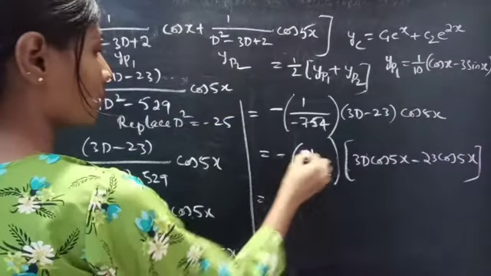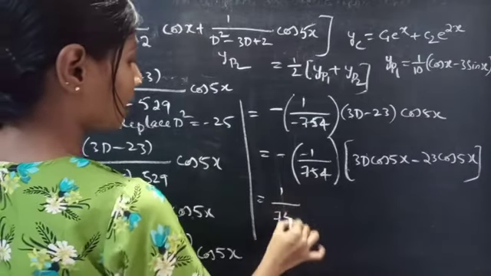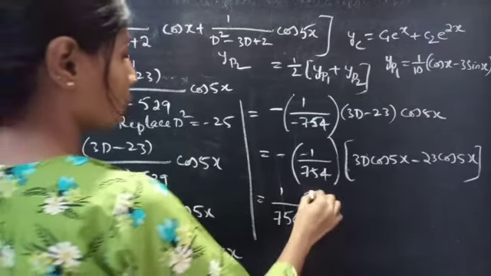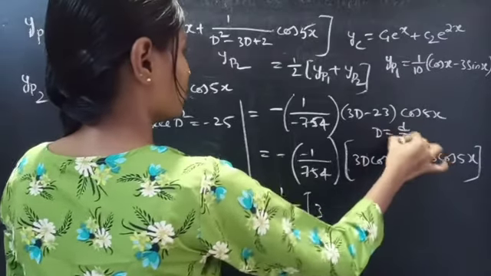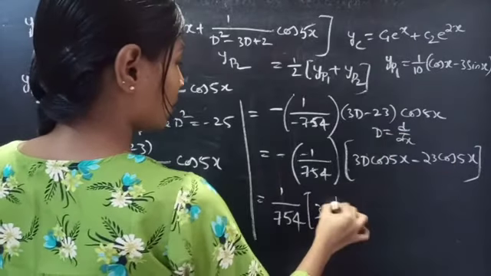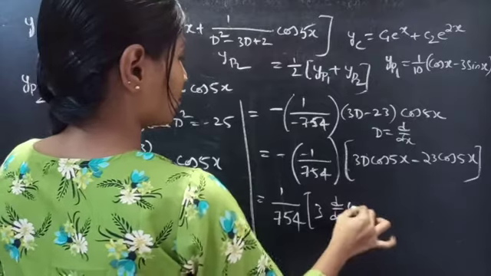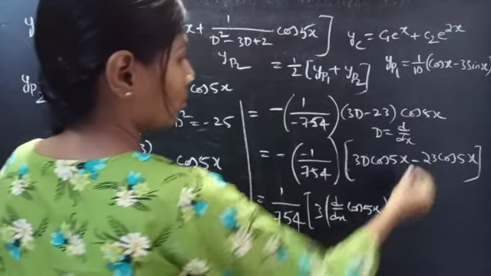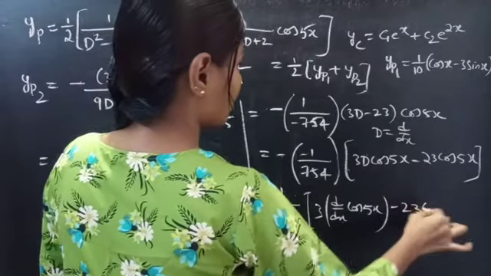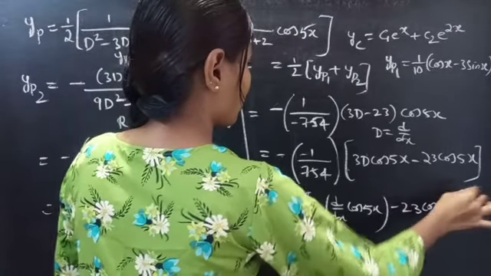Which is equal to minus into minus, plus. You'll get 1 by 754 into 3 into, we know that D equals D by dx, right? Then we'll find the derivative of cos 5x with respect to x, minus 23 cos 5x.